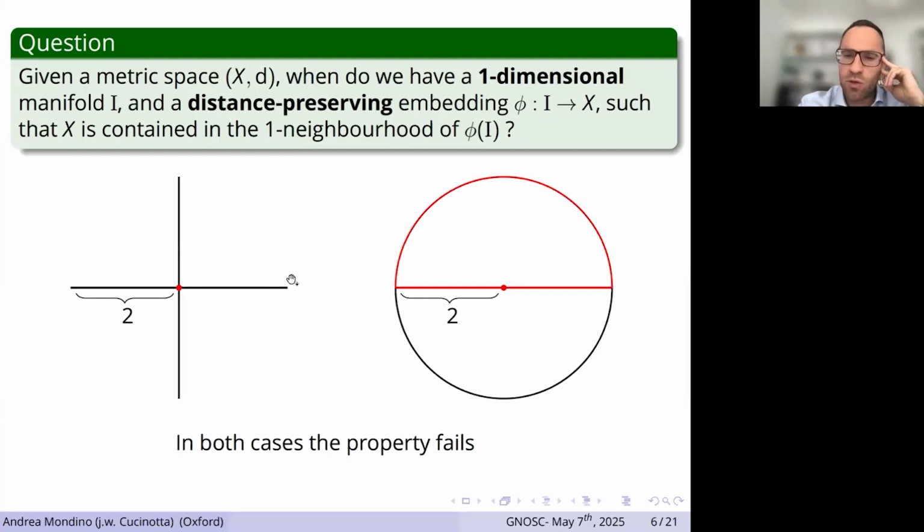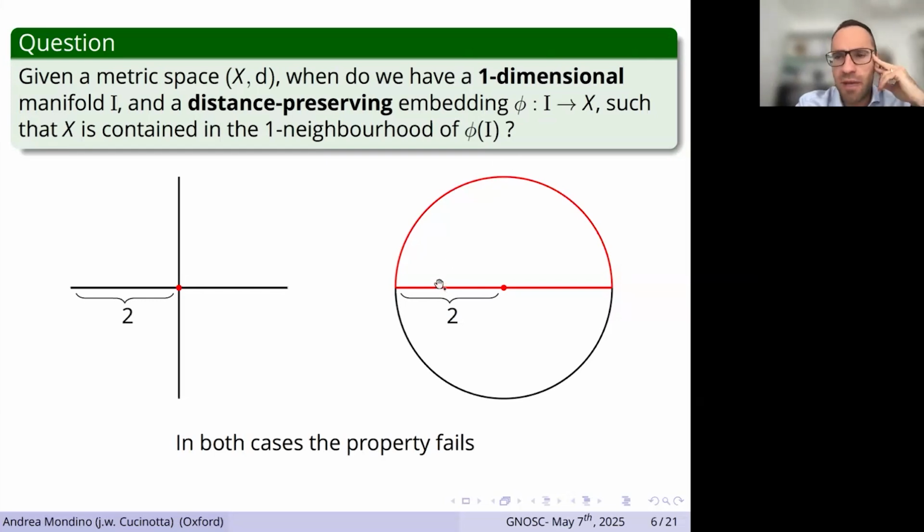In another case where a metric space is not contained in the one-neighborhood of φ(I), take an S1 of radius 2. Then the property fails as well, because if you have a segment, you can easily see that the manifold is too far away.